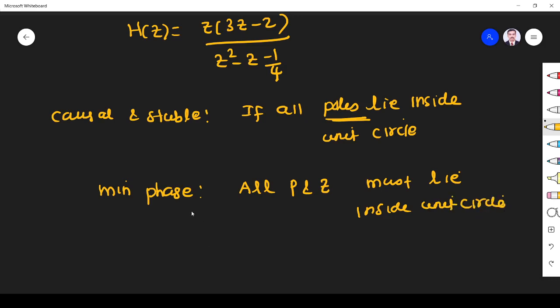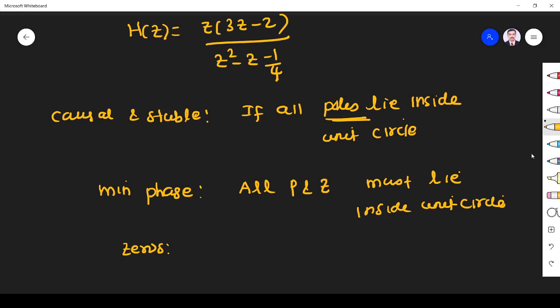Okay, we find the poles and zeros of the given transfer function. So zeros first we find. How can we find zeros? Zeros are the values obtained from the numerator. The value of z which makes the total transfer function 0 is known as a zero.